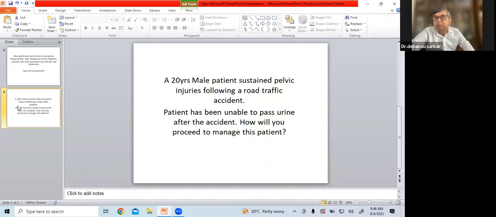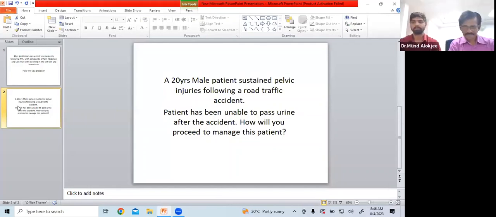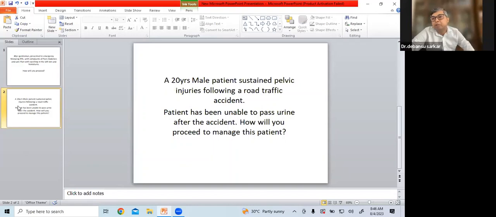The first thing they should answer is, sir, I'll do an X-ray and look for the stability of the fracture. If the patient has a stable fracture, I'll subject the patient to emergency retrograde urethrogram. So here the importance of retrograde urethrogram comes. And if he's working in a center where there is no facility of emergency RGU, then the answer should be yes, sir, I will try a gentle catheterization, a single attempt taking all precautions.